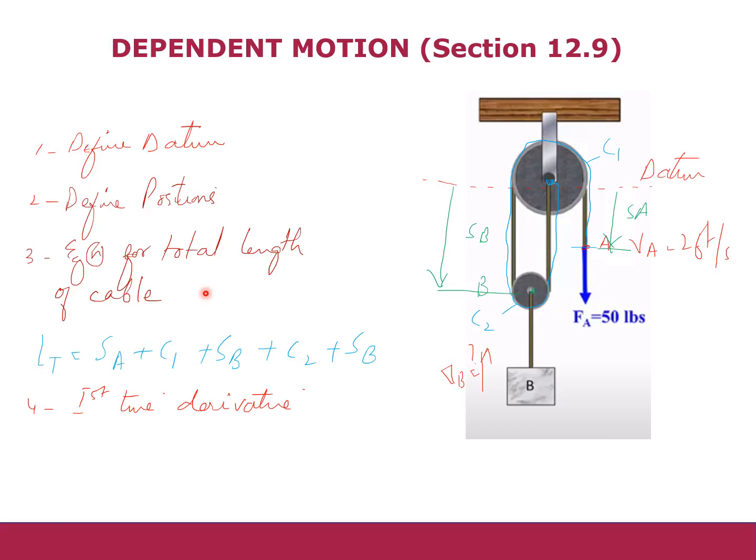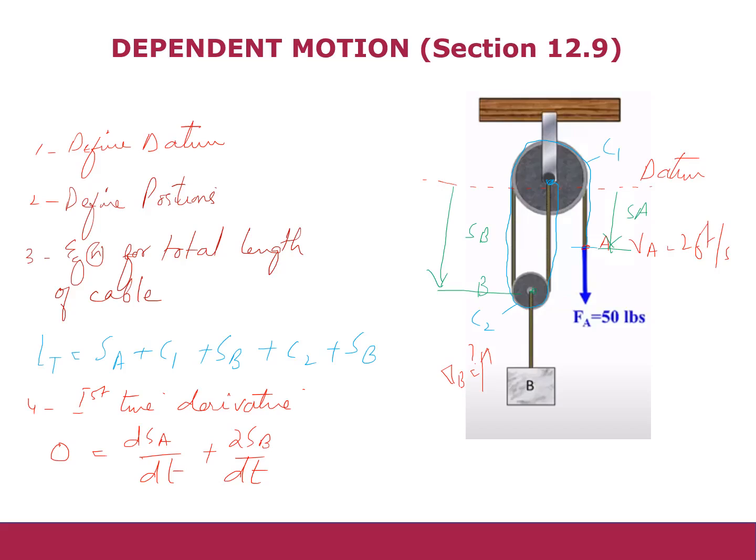That is why when you differentiate it, it will become 0. This becomes dSA by dt, right? This is also constant. It will also become 0, and this will become 2 dSB by dt. So plus 2 dSB by dt, right? So this is the first time derivative.